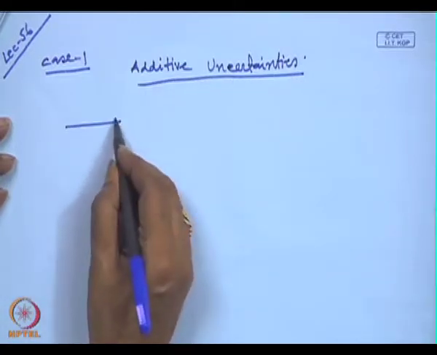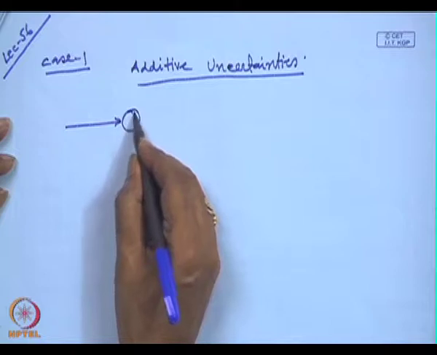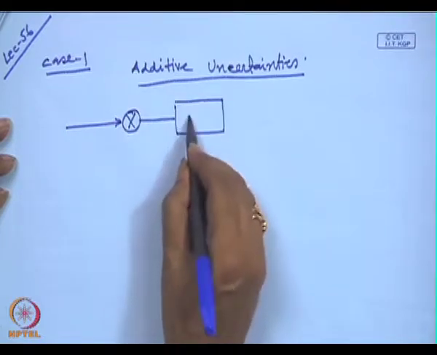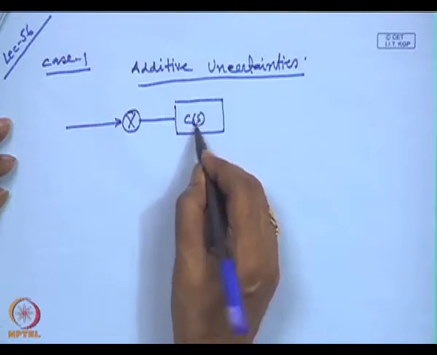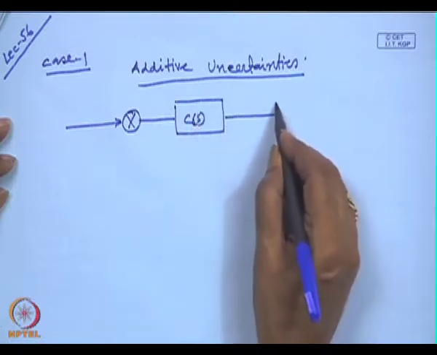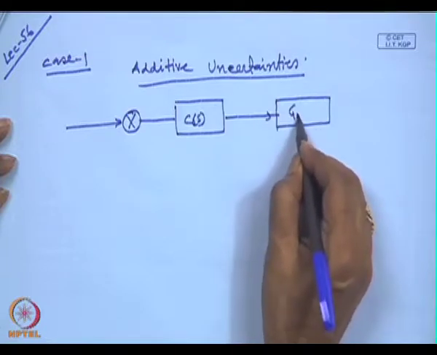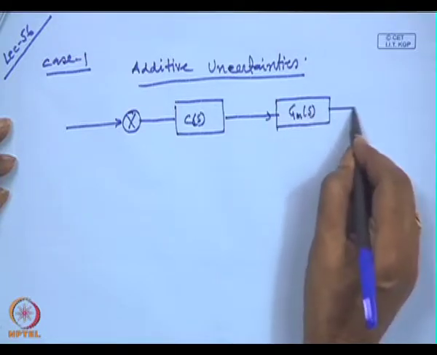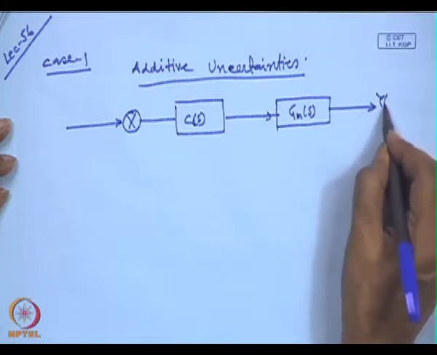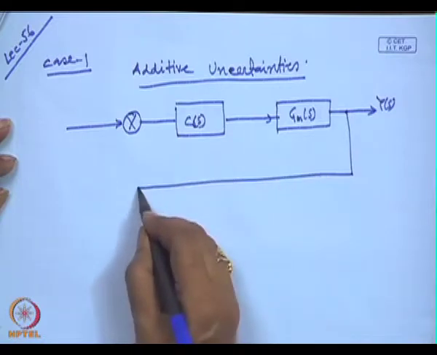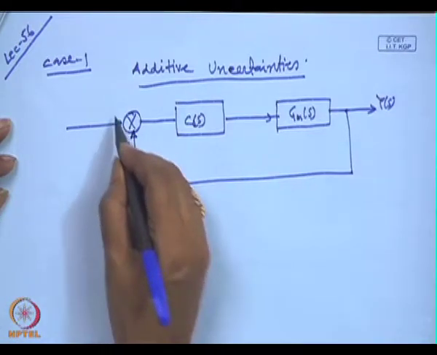So, we have a controller C of S, the plant model G m of S, and output Y of S, in a simple unity feedback system.